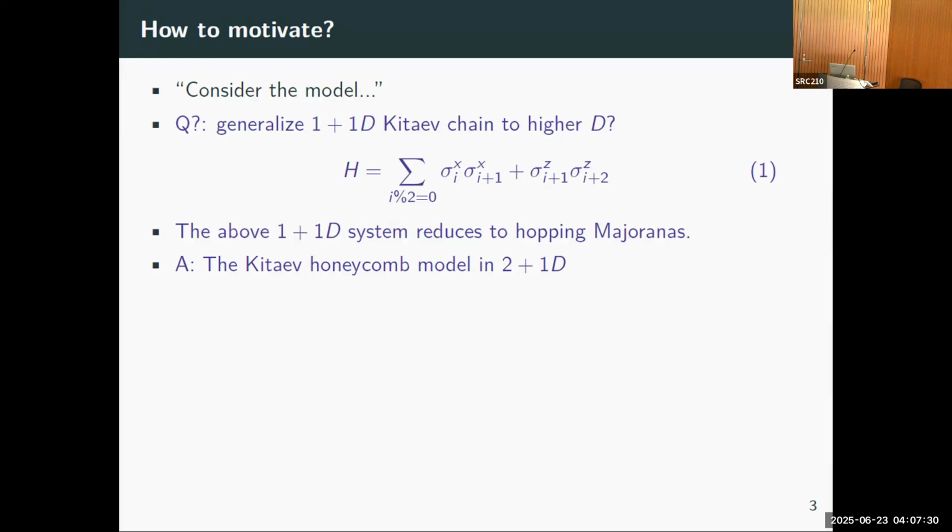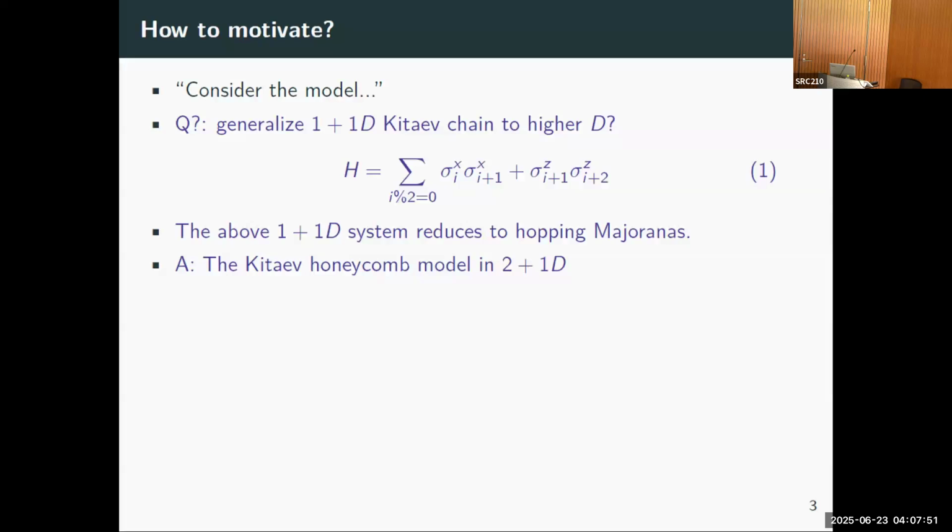One way you can motivate it is you take the 1D Kitaev chain. On a chain, you have alternating bonds with Ising couplings along the x direction and Ising couplings along the z direction. And just by using the Kitaev representation, this simply reduces to a system of hopping Majoranas.